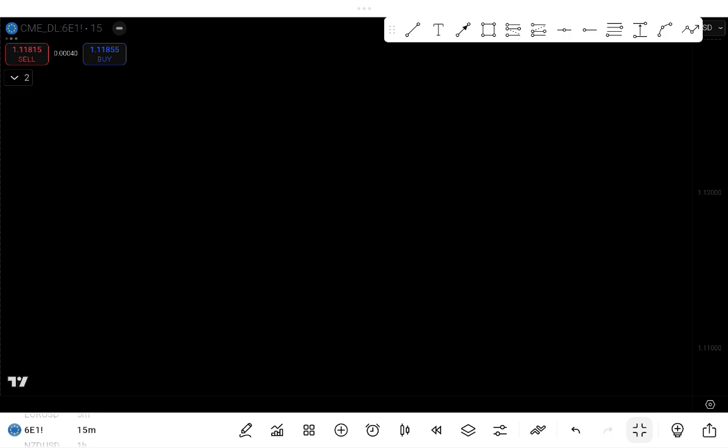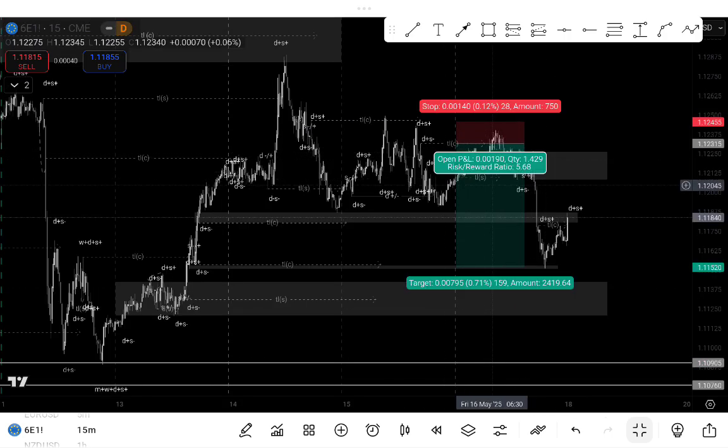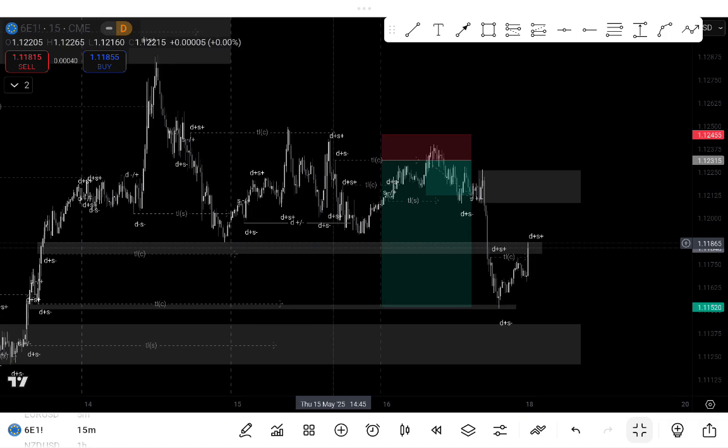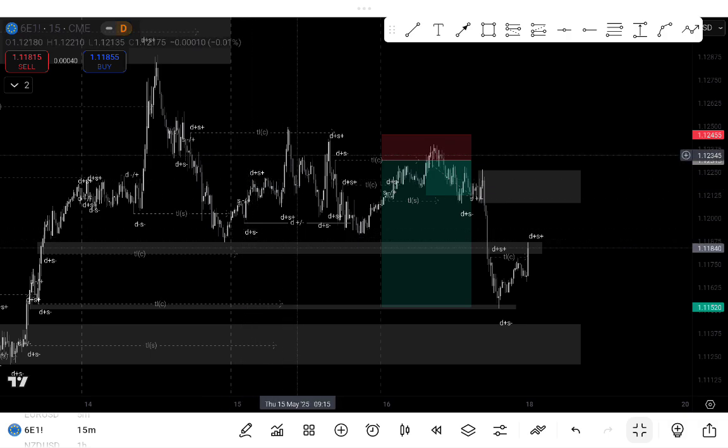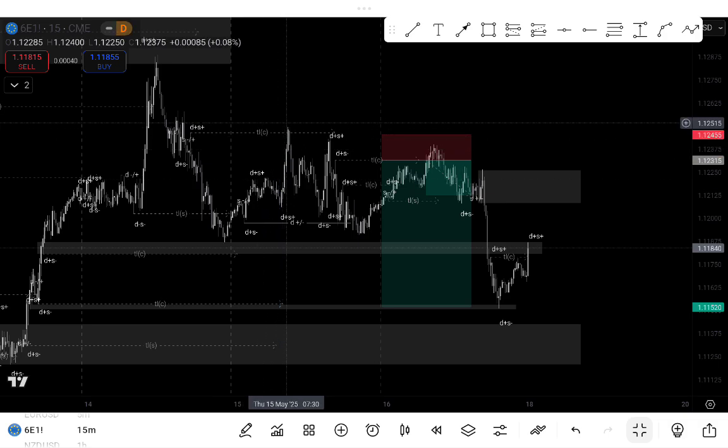But I finally got this one. So let's see. How did I get this one here? So this day opened D plus. Yeah, this day is opened D plus. Some people believe that this day flipped to D minus, but mine did not flip the way I check my signals.